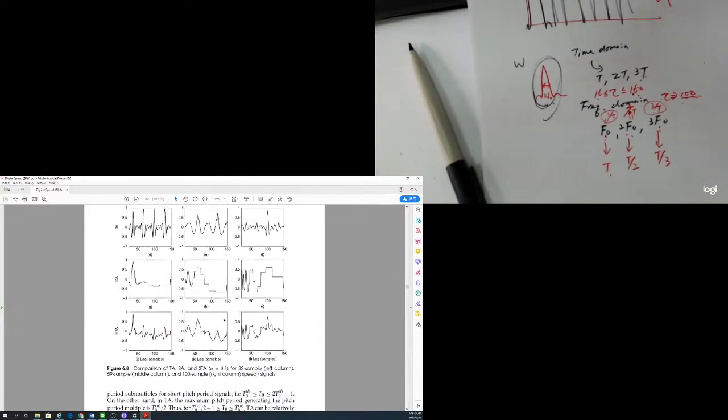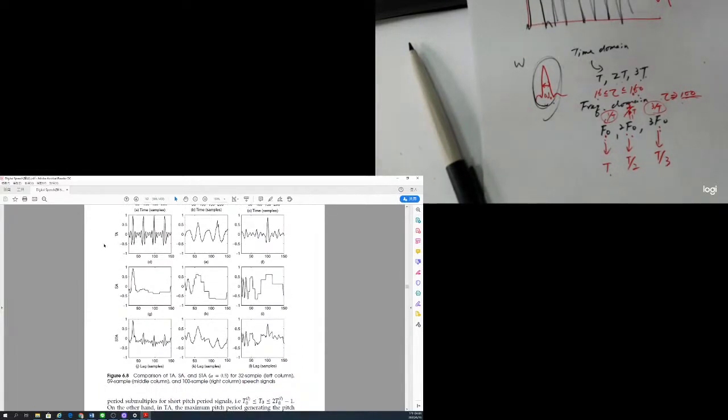So we take the criteria from temporal autocorrelation, a half of them, and spectral autocorrelation, a half of them. So we combine them together and become a new method. So you can see we can avoid a double pitch, a half of pitch. So you can see the result is more consistent.